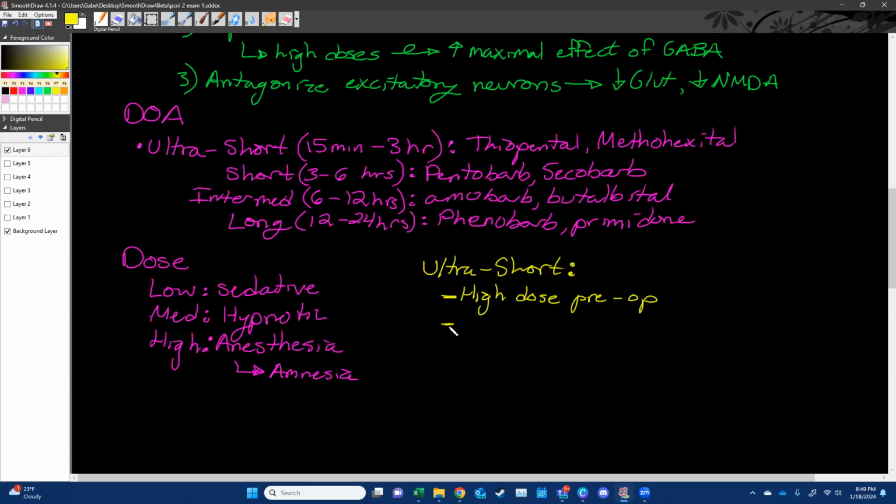Mostly because it's not. I don't know if it goes under high dose. I'm going to put it under other because I think it depends on the drug. Anticonvulsant is the other one that I want to put down.